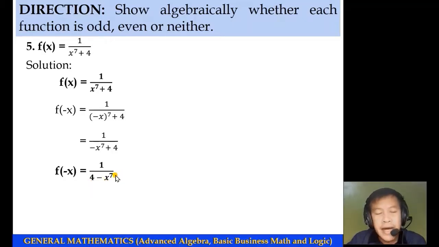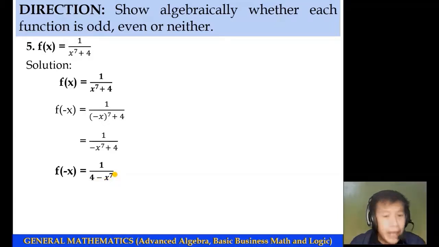We use the commutative property of addition, in which if we are going to add numbers, we interchange the order of the addends. The sum is not affected. That is the thing that we did in this particular expression to make it 1 over 4 minus x raised to 7.